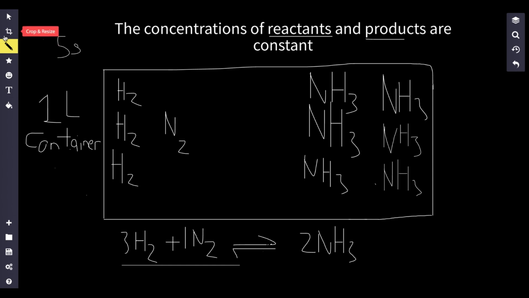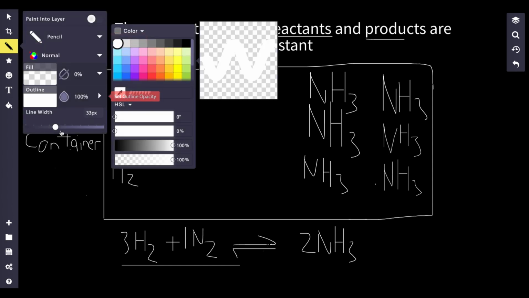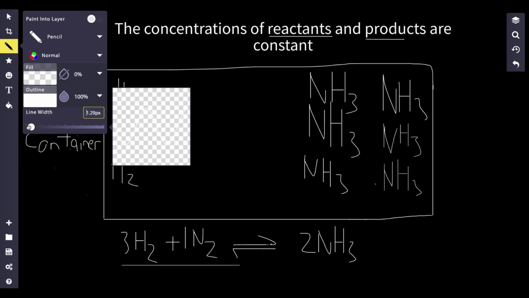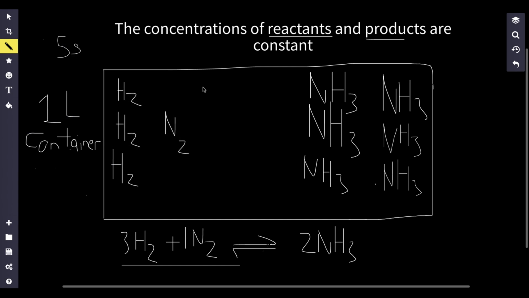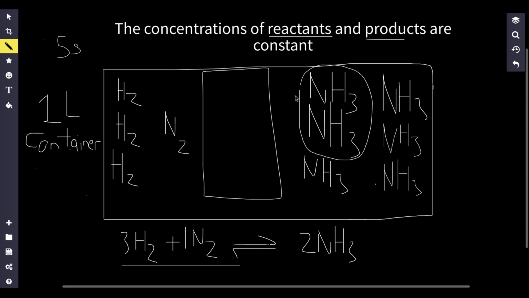We know that the rate of our forward reaction is equal to the rate of our reverse reaction. So as those three molecules of hydrogen gas and this one nitrogen gas, which were just right here, reacted to form these two molecules of ammonia, at the same time, two molecules of ammonia during these 5 seconds decompose back into N2 and the three H2s.